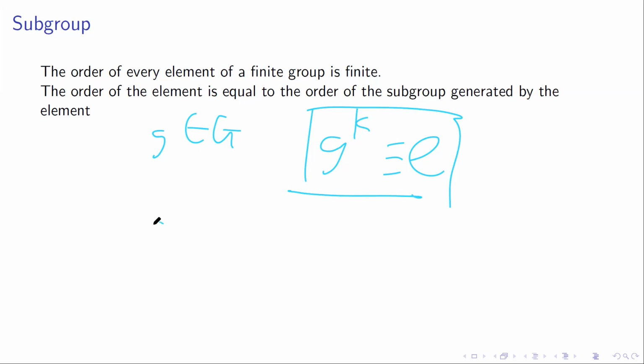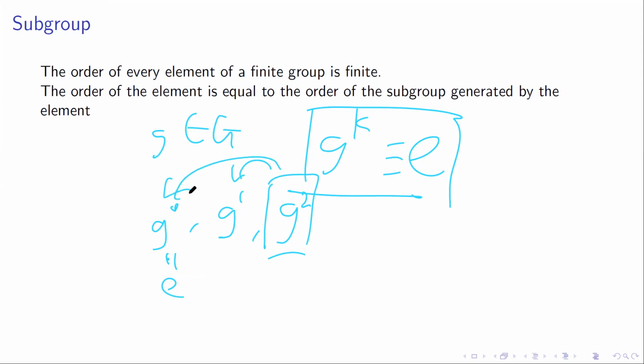So we know that g to the power of 0, by definition, is equal to the identity element. And g to the power of 1 might be equal to the identity element or might not; we just assume g is not equal to the identity element. So now we have 2 items here. When we raise g to the power of 2, this element can be equal to either of these.